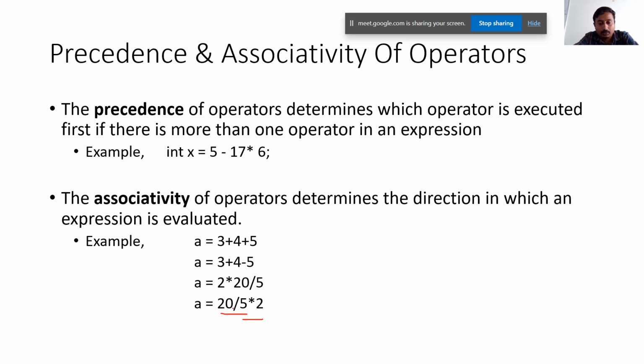Now the associativity of the division is from left to right, and that of multiplication is also from left to right. So we have to go from left to right. So 20 divided by 5 will be executed first, that is 4 multiplied by 2, that is 8. Okay, so result of this expression is 8. So that is regarding associativity. So you will evaluate any expression based on these properties, precedence and associativity.